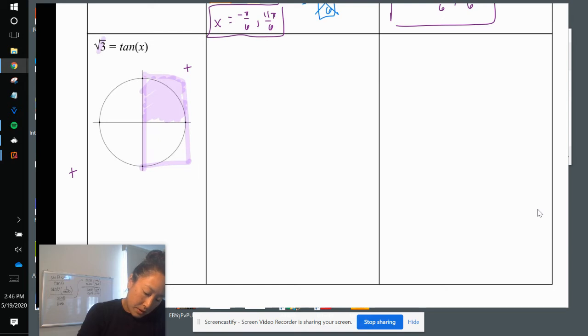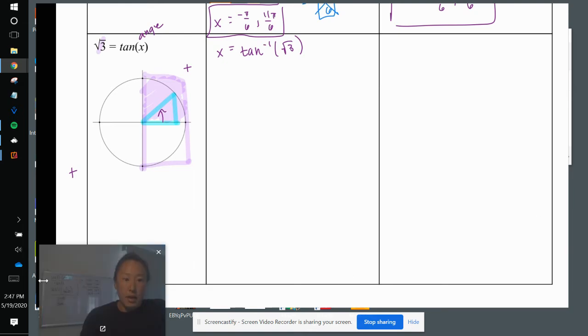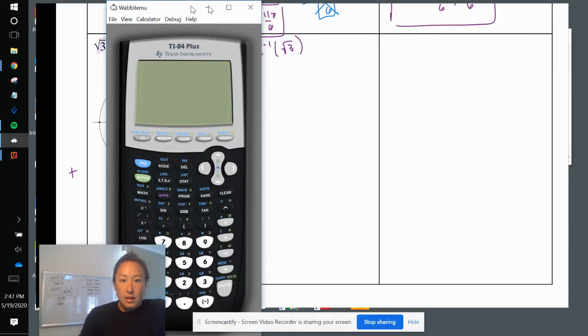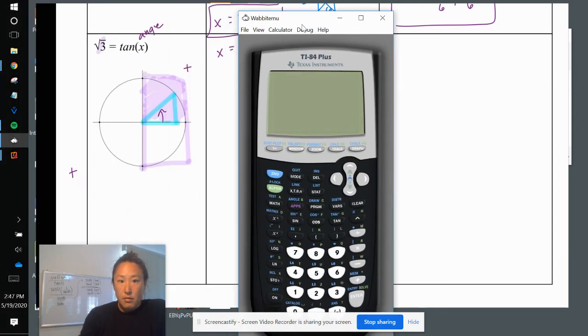So now I'm going to go ahead and draw my little triangle there. I need to find the principal value. So I'm going to solve. The angle is x. To isolate an angle, we use tangent inverse of √3. Go ahead and pull out your calculator. Okay, tangent inverse of square root 3.